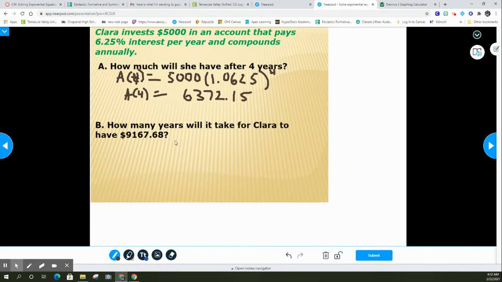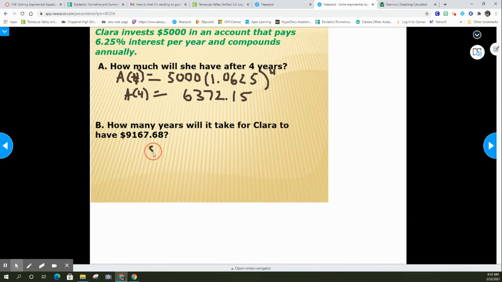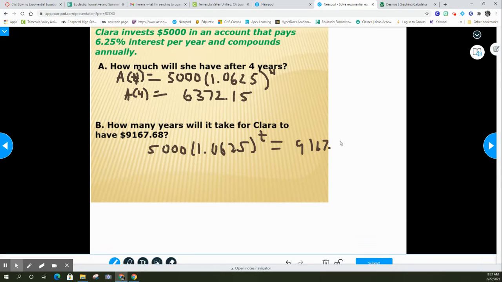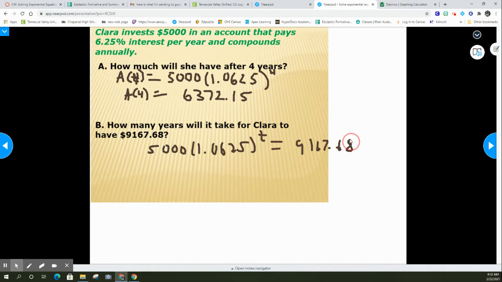But if we wanted to solve this, we want to know when does 5,000 times 1.0625 raised to the t equal $9,167.68.